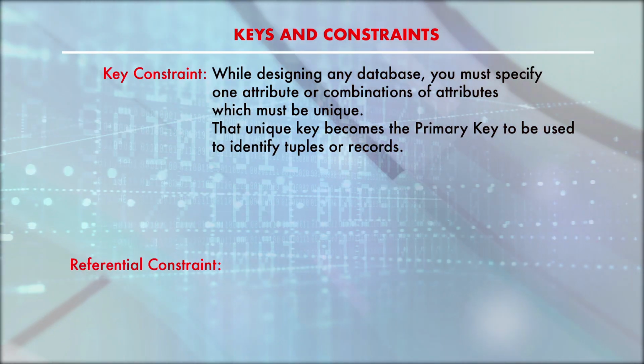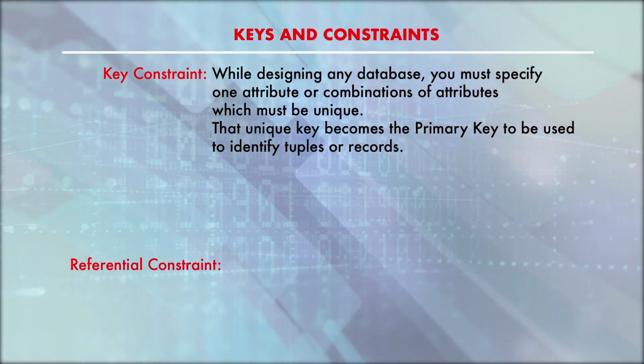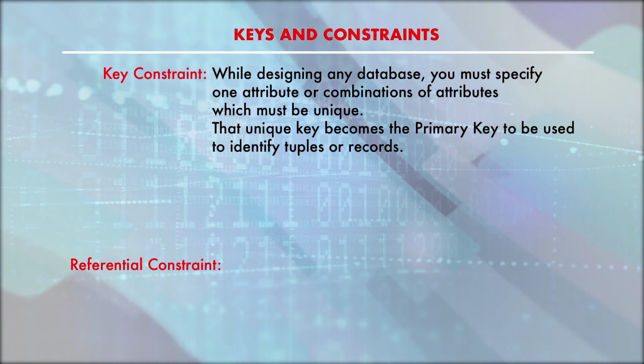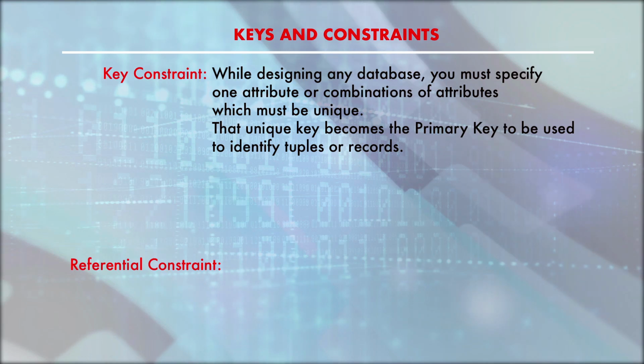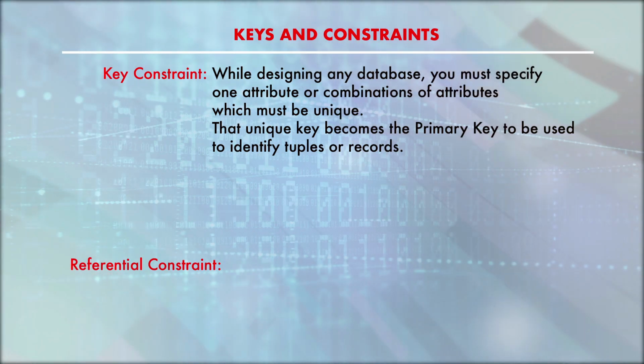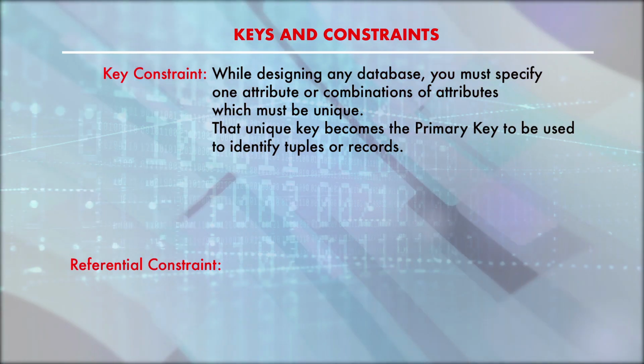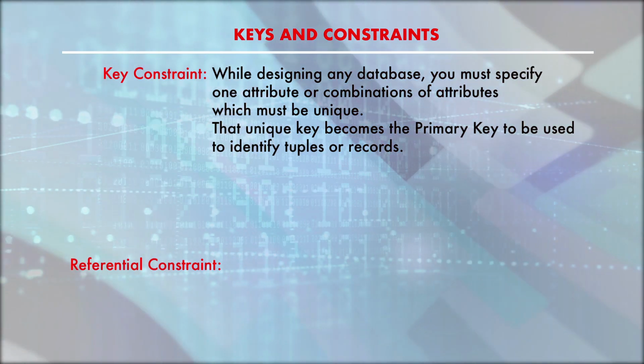So, all the attributes in a specific table are related to each other, but you try to find one specific attribute, known as the key attribute or primary key, which can be used to identify each record in the table. So, that is a key constraint.